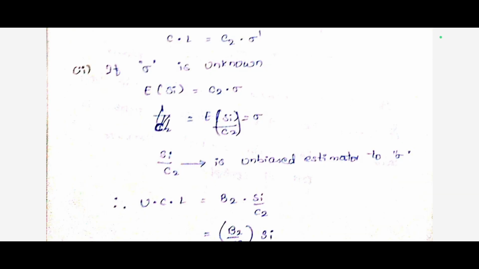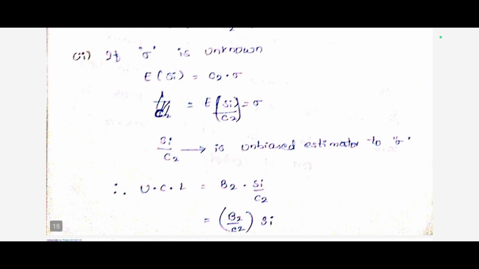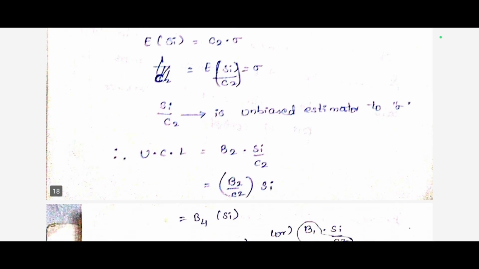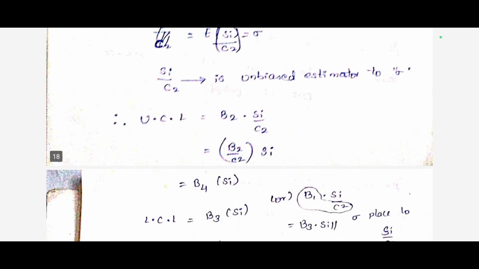If sigma is unknown, then the expected value of Si equals C2 into sigma, so Si by C2 is an unbiased estimator of sigma. In the UCL formula, B2 into sigma, in place of sigma we substitute Si divided by C2. This brings you B4 into Si.